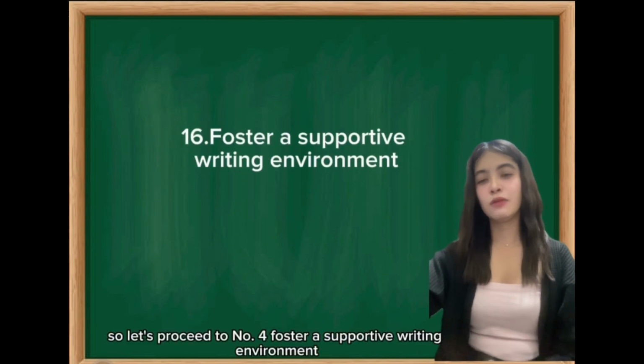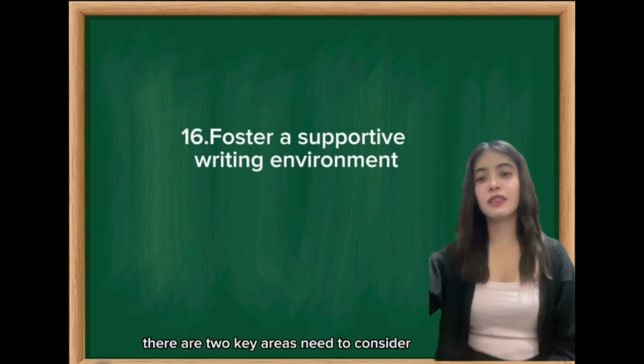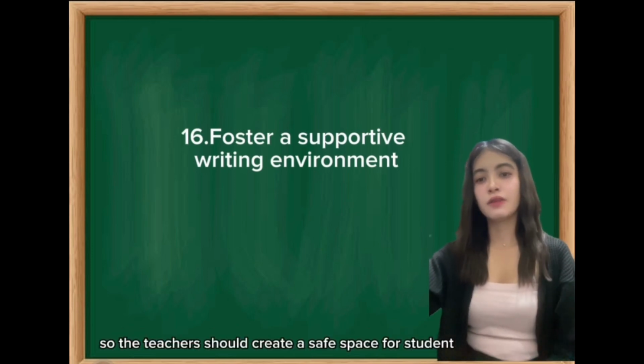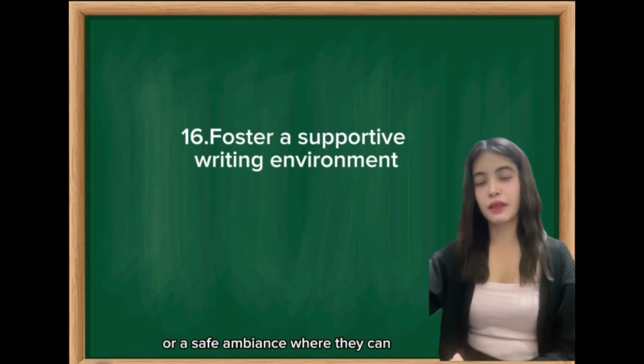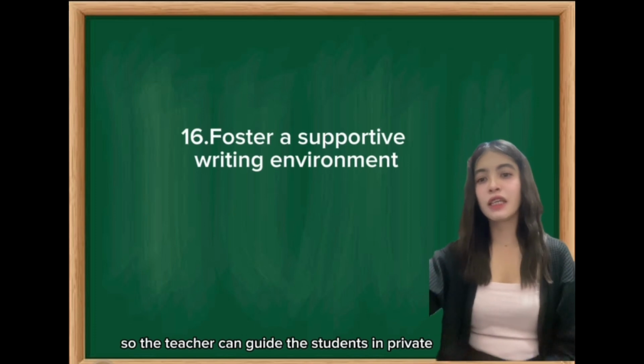So let's proceed to number four. Foster a supportive writing environment. In this strategy, there are two key areas to consider, which are the physical environment and emotional environment. So the teachers should create a safe space for students, a safe ambience where they can share their hardships in writing so the teacher can guide the students in private.